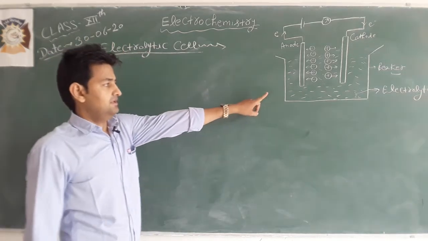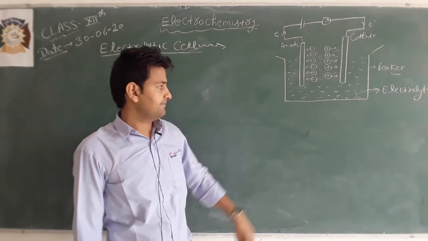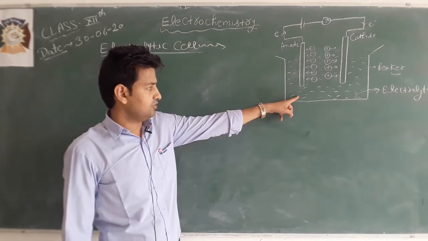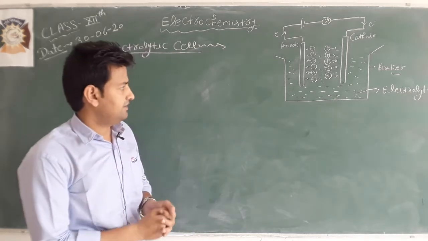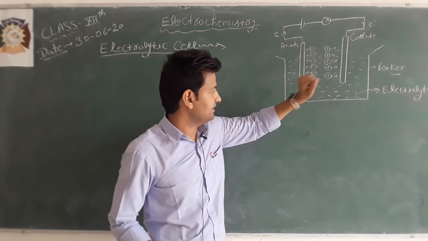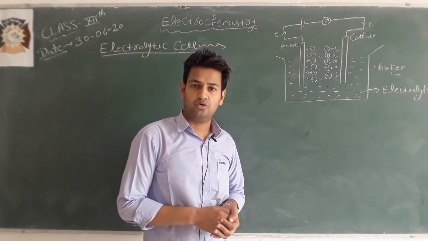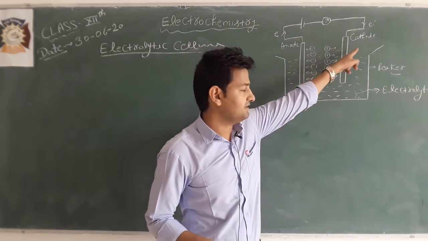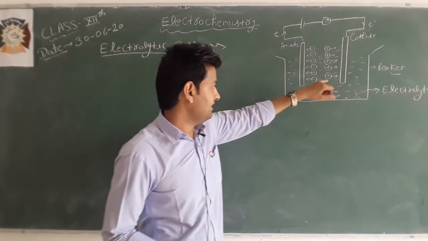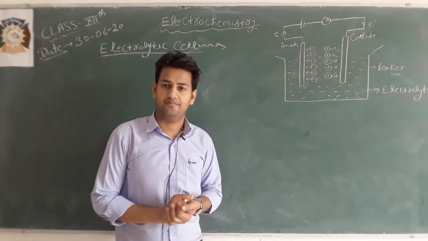When electric current is passed through the electrolytic solution, the electrolyte will break down into its ions. Positive and negative charges are separated. Positive charges move toward the cathode for reduction, meaning reduction occurs at the cathode, and negative charges move towards the anode for oxidation.